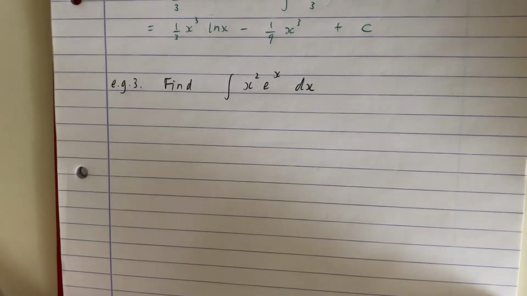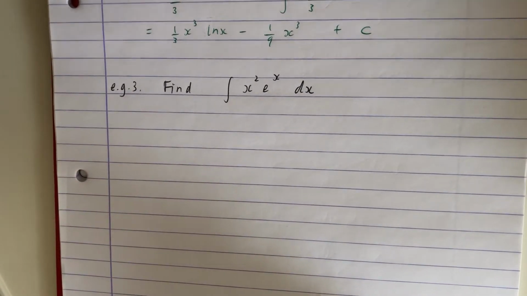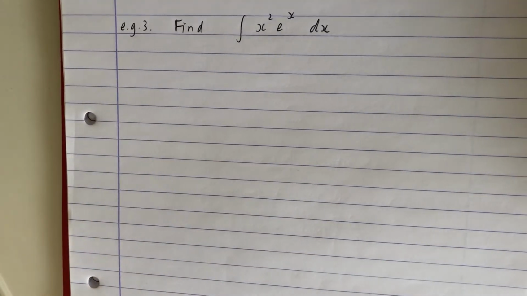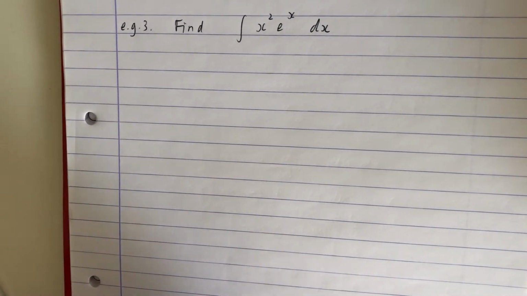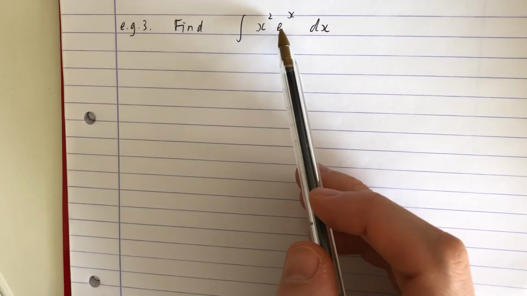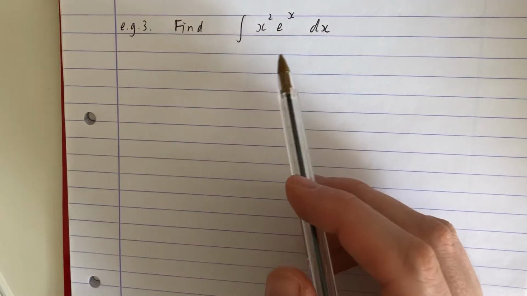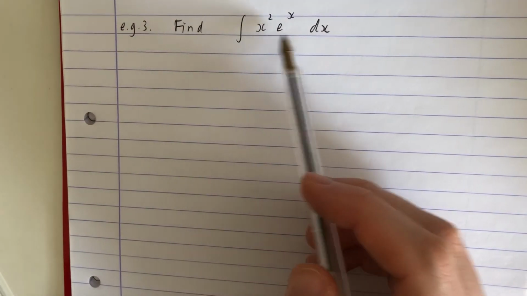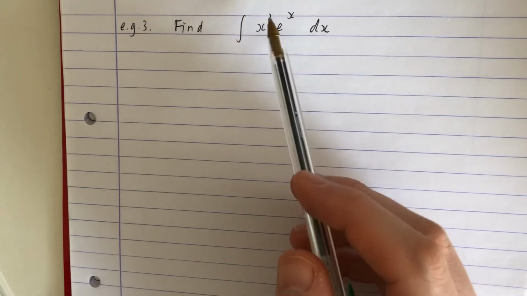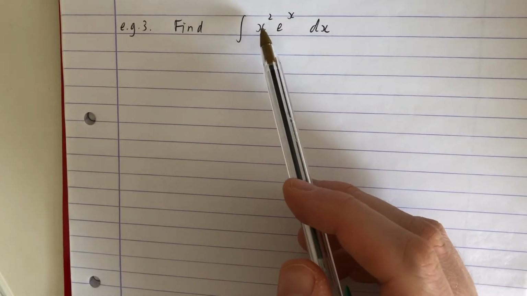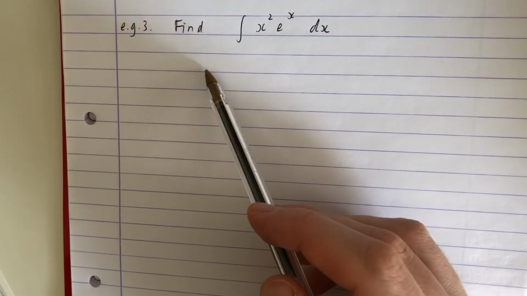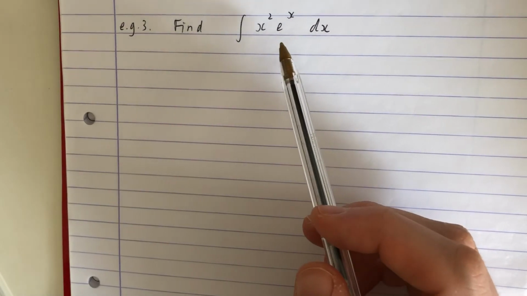Right, this one is a little bit harder. So we've got x squared e to the x with respect to x. Now with this reverse product rule, you'll see the pattern that one of these you have to differentiate and one of them you have to integrate.